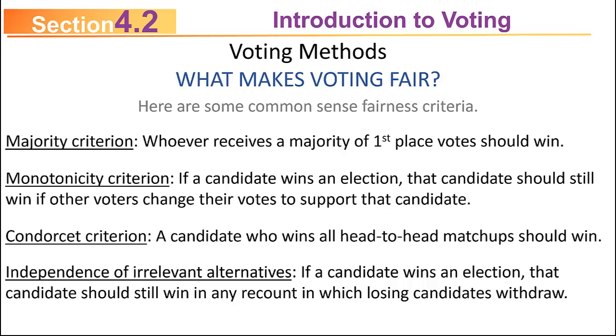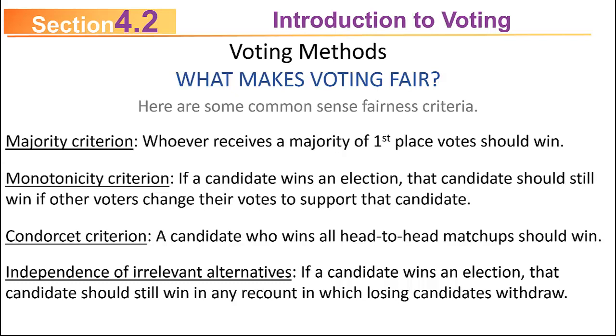And finally, the independence of irrelevant alternatives criterion. It says if a candidate wins an election, that candidate should still win in any recount in which losing candidates withdraw. So if you win an election and for some reason a candidate withdraws, any recount should give the same winner. If you think about it, all four of those criteria sound fair.